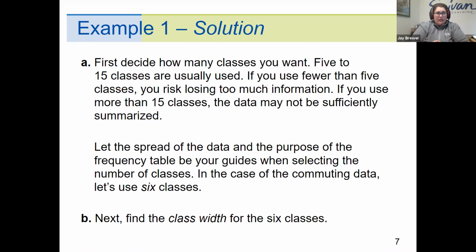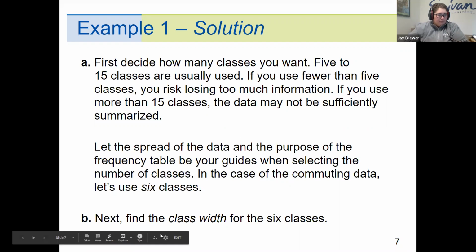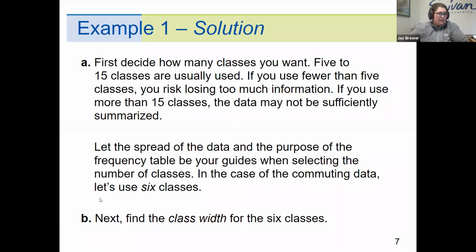So it's going to look like everything is just kind of chalked up in the middle, and there's not any real differences. The more classes you have, typically the better you're going to be presenting your information. So we want to spread the data, and that is the purpose of the frequency table by these guidelines in selecting the number of classes. So for this situation, they're going to use 6 classes.